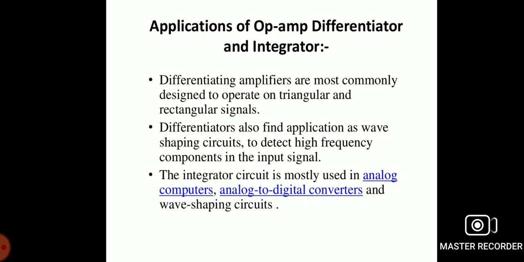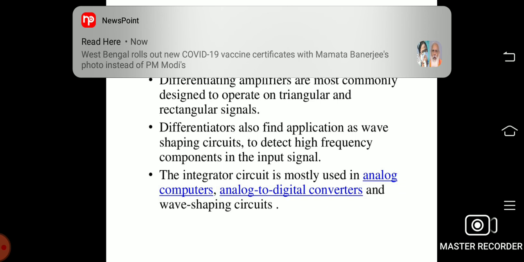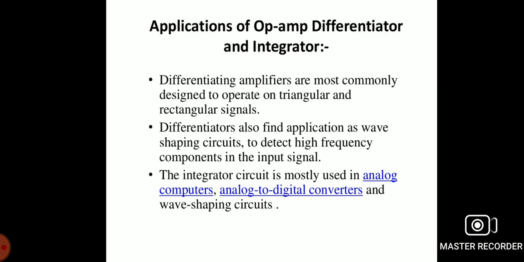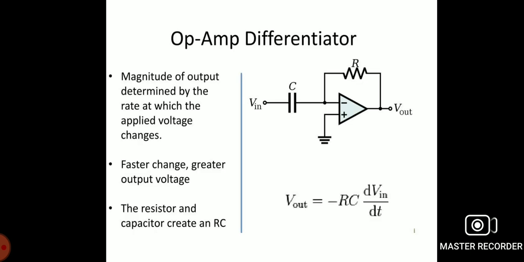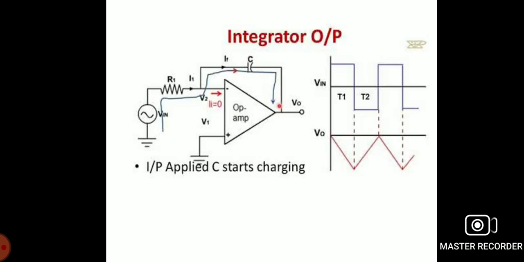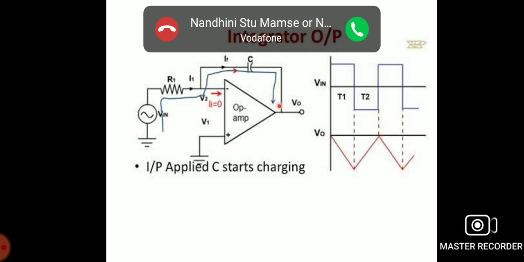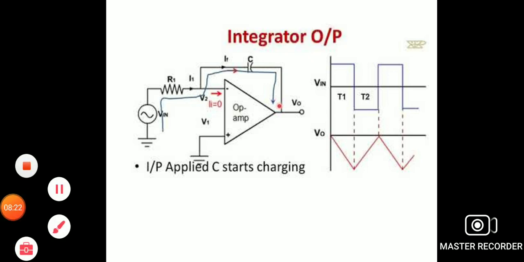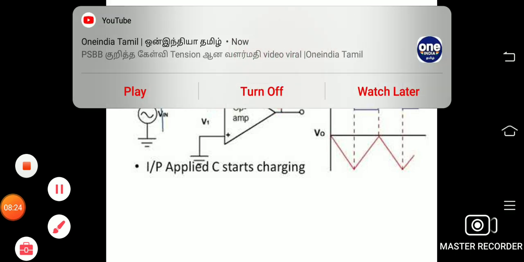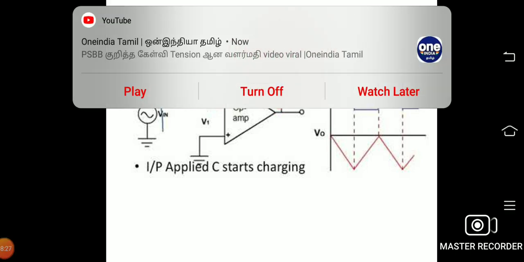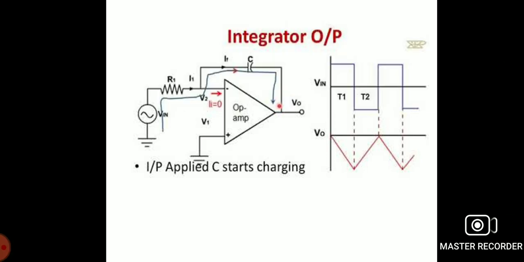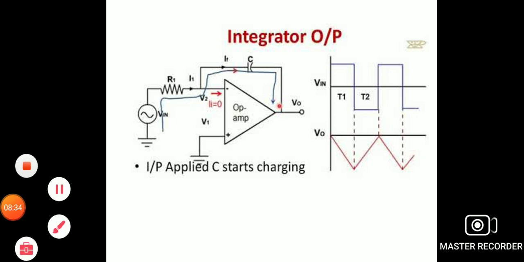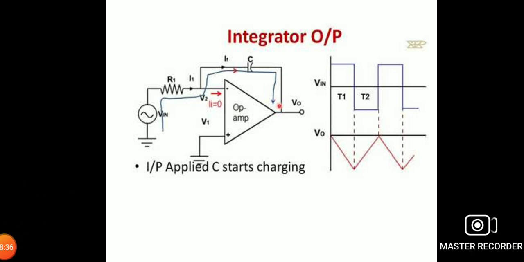Now once again I can repeat the integrator. An integrator, the operational amplifier circuit, produces an output which is the integration, with a negative sign, of the input voltage applied to the inverting terminal.